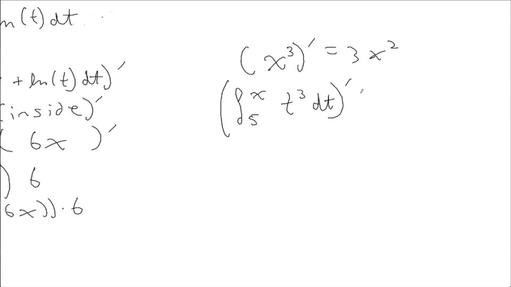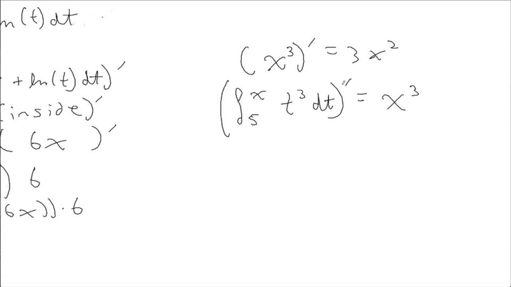And now this is a very simple example of the Fundamental Theorem of Calculus, Part 1. What's this derivative? The derivative is x cubed. Good. That's good. Excellent. So notice we don't apply the power rule here. Right. Because if you think about it, the derivative was already obliterated getting rid of the integral sign.